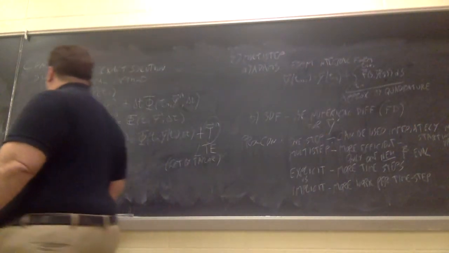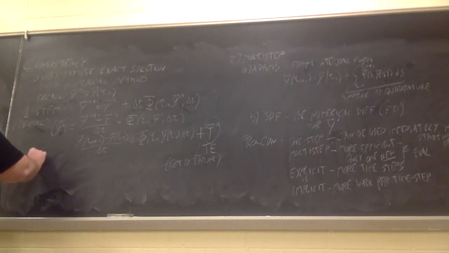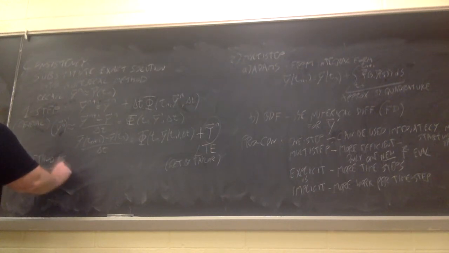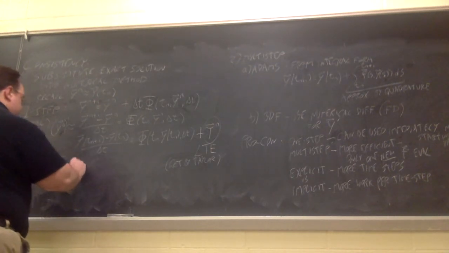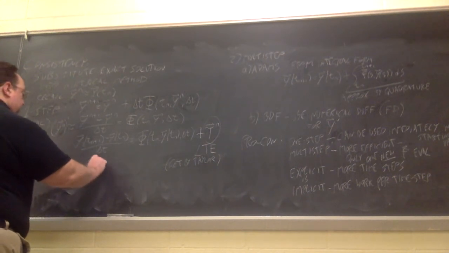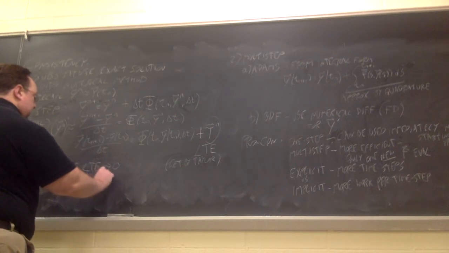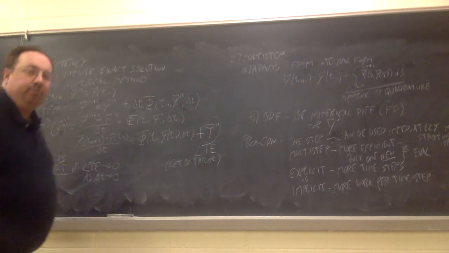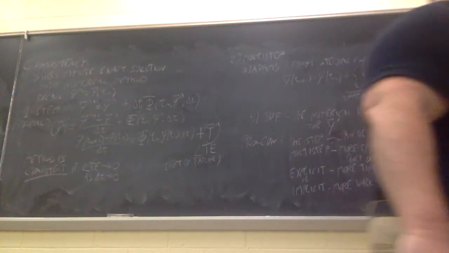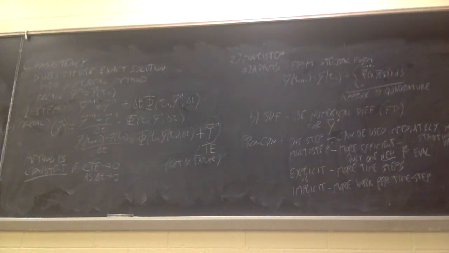But finally, I can say what consistency is. The method is consistent if the local truncation error goes to 0 as delta t goes to 0. Now, I laid this out for a one-step method, but the exact same thing applies for a multi-step method.